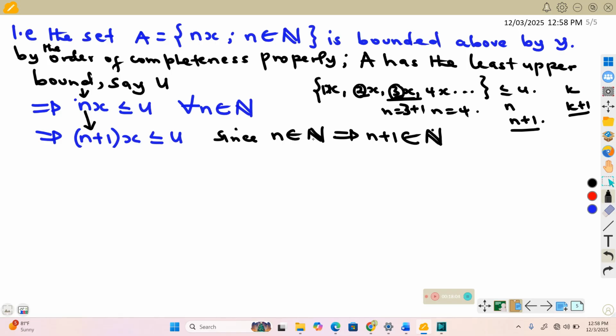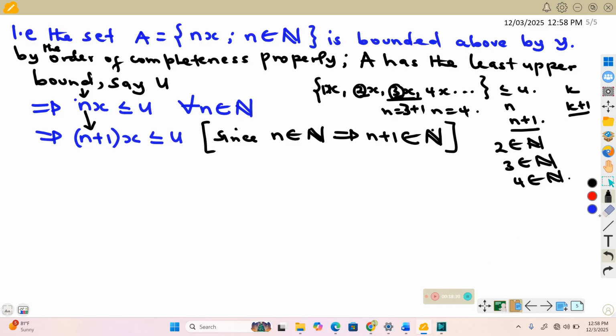Because if you have 2 picked from the set of natural numbers, then 3 must also be from that same set, and 4 must also be from the set of natural numbers. So if it holds for n, it must also hold for n plus 1.